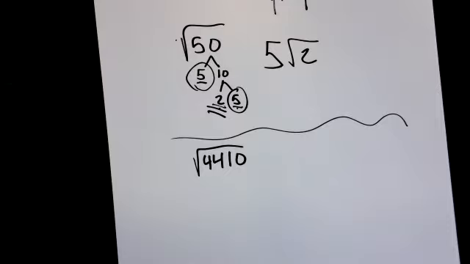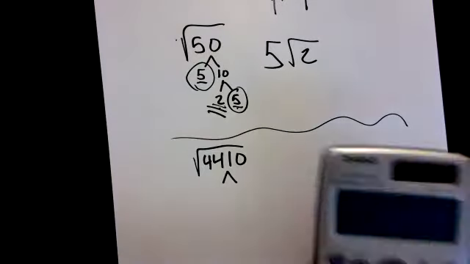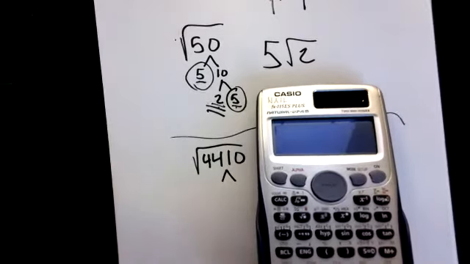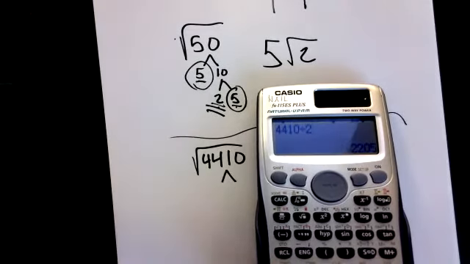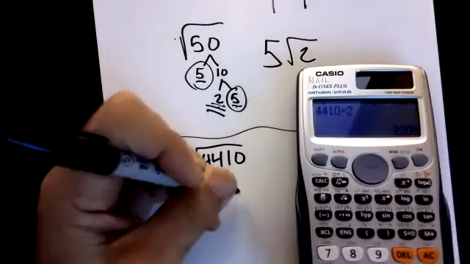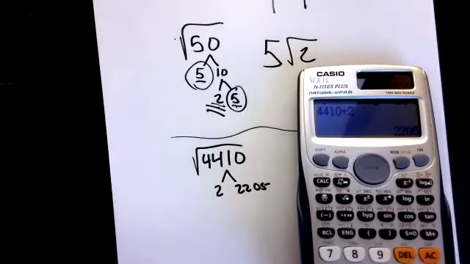Again, I want to break this into its prime factors. So I'm looking for any number besides 1 that I can multiply to get 4,410. On my calculator, I'm just going to start dividing. Well, I know it's even, so I'm going to take 4,410 divided by 2. So this breaks into 2 and 2205.